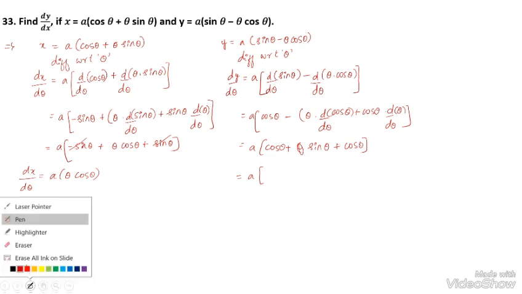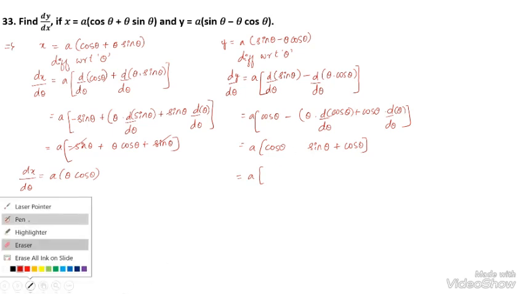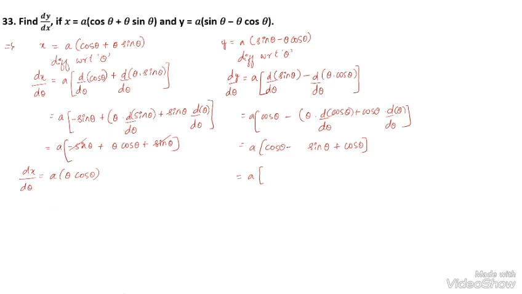Then theta into differentiation of cos theta will be minus sin theta.